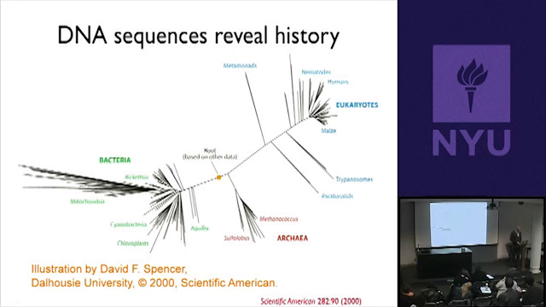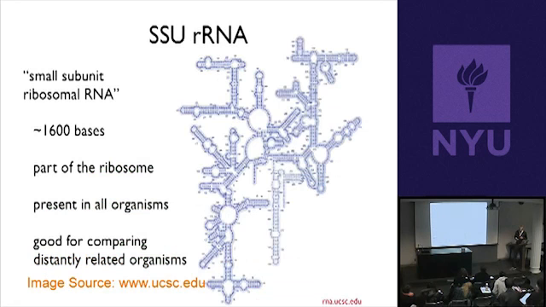Okay? The way this tree was built was using not the entire genome sequence, but a particular gene. The particular gene is one that encodes a component of the ribosome. We talked in a previous lecture about how most genes encode proteins, but some genes encode RNAs that have a function, for example, transfer RNAs. Another type of RNA that has a function is called rRNA, or ribosomal RNA. The reason this gene was used is that all organisms have ribosomes.